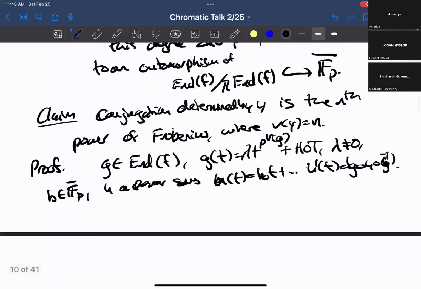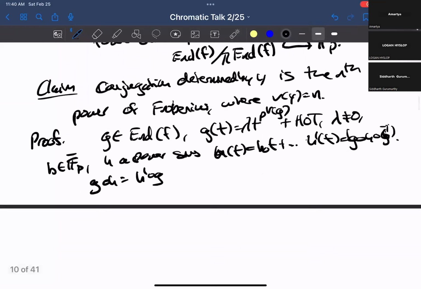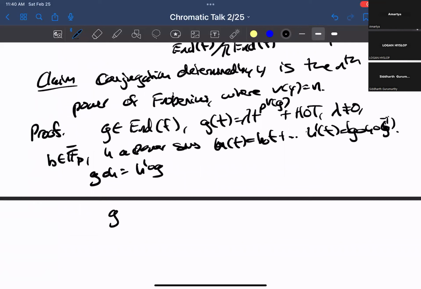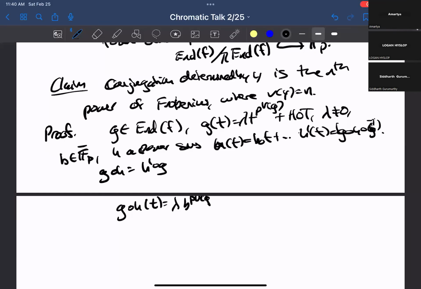And then we're going to have that G of H is equal to H prime of G, just by definition of this, because we have this G inverse here. And so we can see what happens if we act by G of H of T: we're going to get lambda times B0 to the P nu of G, and then T to the P to the nu of G plus higher order terms.